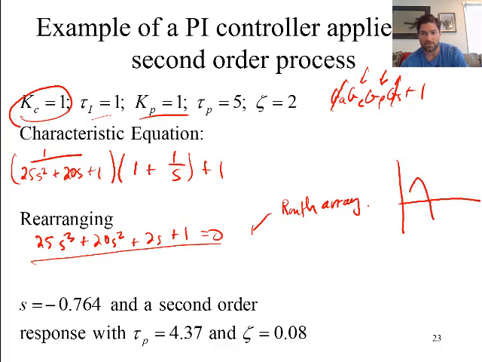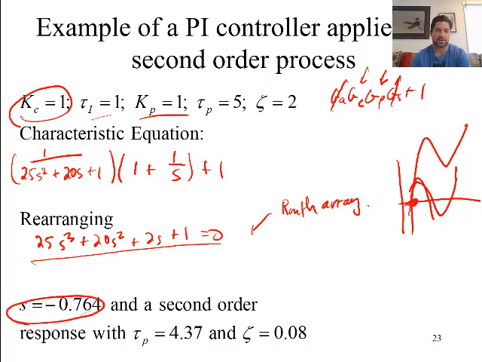A third order polynomial can have 3 real roots, or it can look something like this, where only one root crosses and the others are imaginary roots. So we can determine the real root first and then factor it out. The real root for this one, which I determined by plotting it, equals negative 0.764.